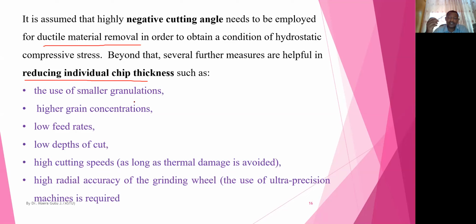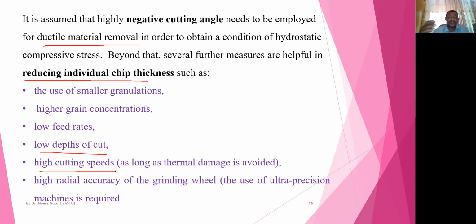Higher grain concentration. This avoids what? The amorphous structure of the glass. Low feed rates. You have to reduce the feed rate very low, not as high as in ductile material machining. Low depths of cut, high cutting speeds.